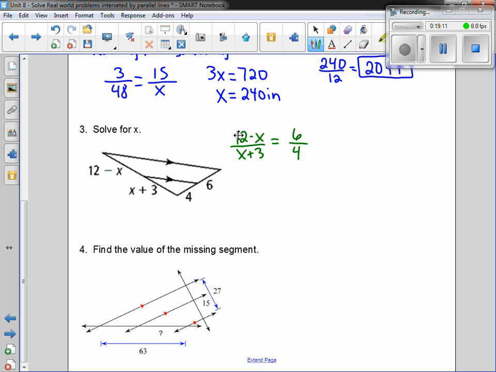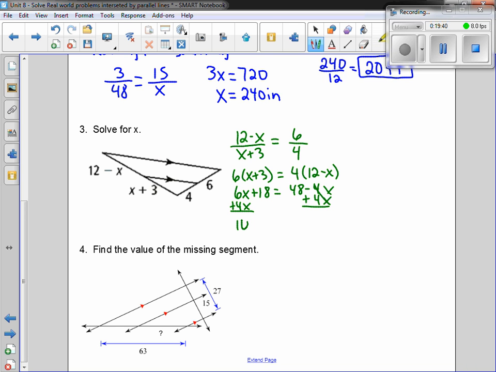So we can simplify the 6/4 or leave it as is, and I'm going to go ahead and leave it this time. So we have 6 times x plus 3 is equal to 4 times 12 minus x, making sure that we distribute both the 6 and the 4 inside of their parentheses. 6x plus 18 and 48 minus 4x. We are going to move the x to the same side, so we're going to add 4x to bring it to the left.